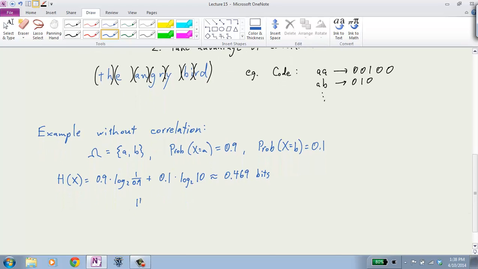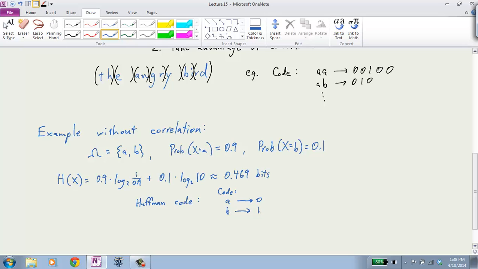How about the Huffman code? What's the Huffman code for this probability distribution? It's just the only good prefix code when you have only two symbols. So here's the code: A maps to 0, B maps to 1, or we could switch them, the lengths are the same.